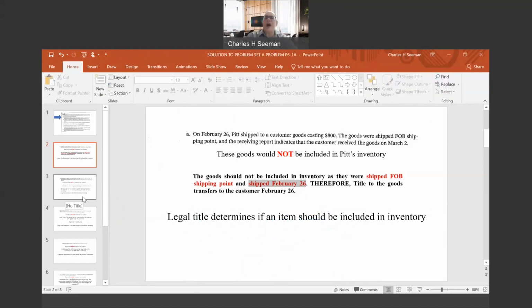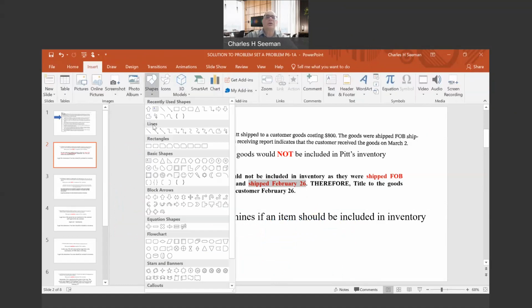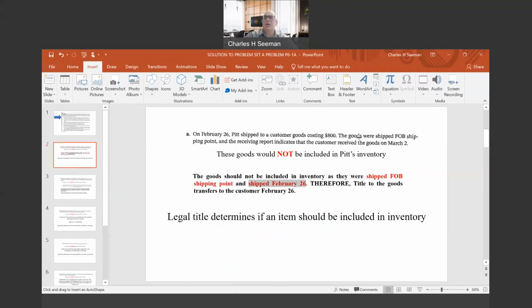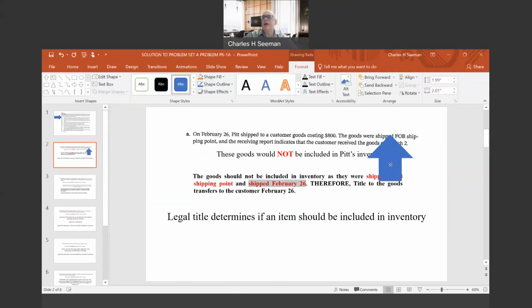So A would not be included because title transferred hands on February 26th because the goods were shipped FOB shipping point.